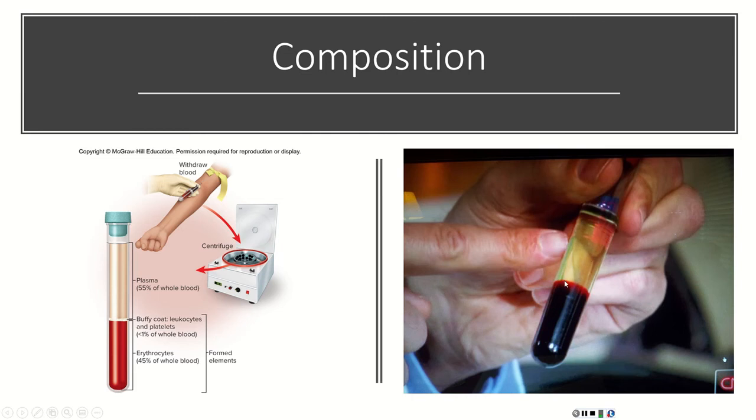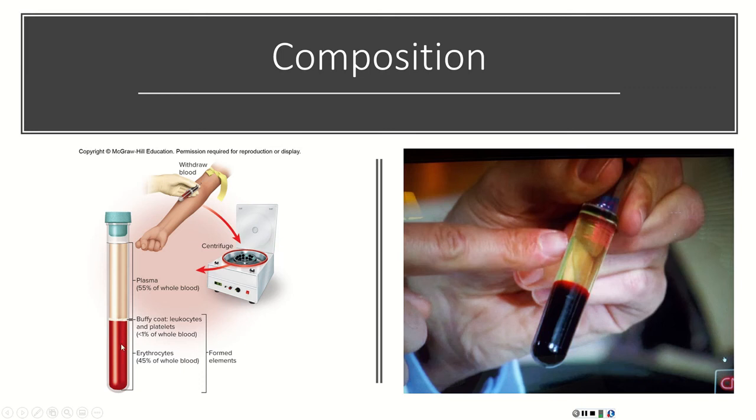Now, I want to introduce another term that we'll talk about a little later on, and that's the hematocrit. When we look at this blood and it's been separated, we said down here at the bottom are the erythrocytes. And in the average, healthy, well-hydrated adult male, erythrocytes make up about 45% of your blood, just under half, and we can see that this is just under half.